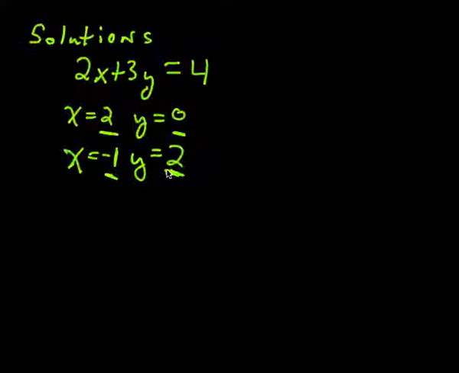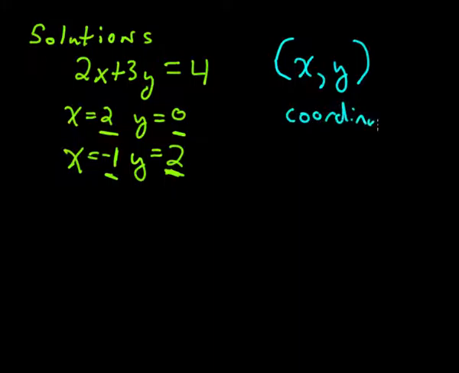So a solution for a linear equation is a pair of numbers. And we'll write that x comma y in parentheses. We call this a coordinate pair also, a solution set, or an ordered pair.